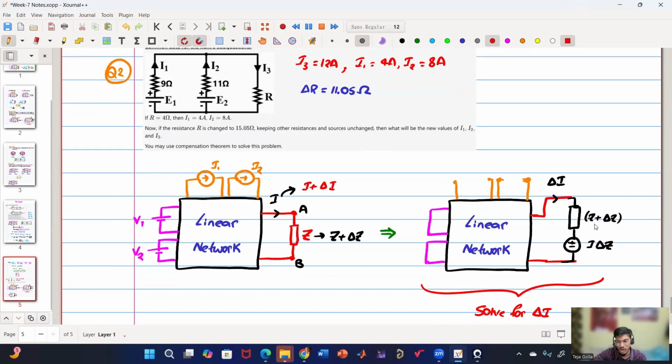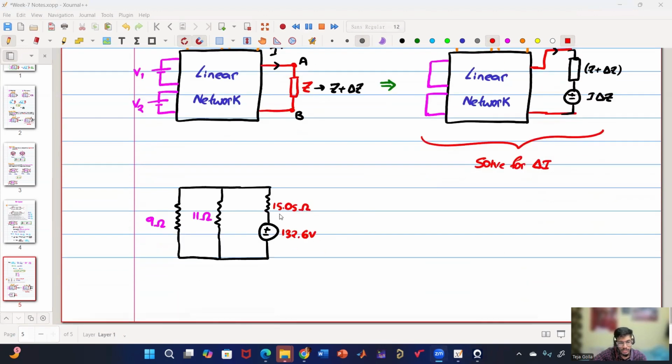Because it is delta R, not R plus delta R. This term you are seeing, right? This term, I delta Z. You got it? Your mistake? Yes, sir. Got it, sir. Okay. So this is the voltage.